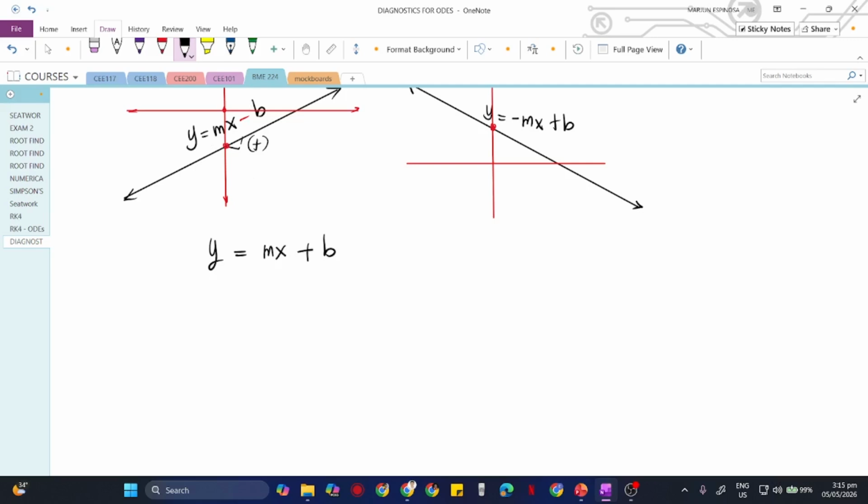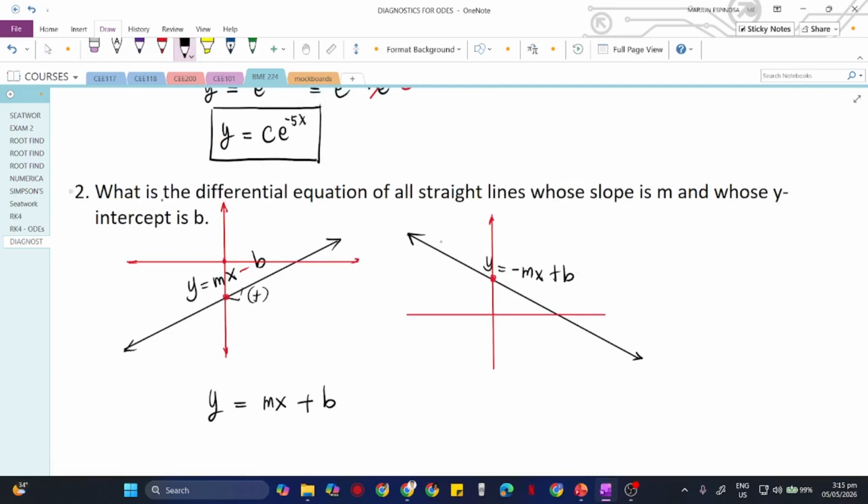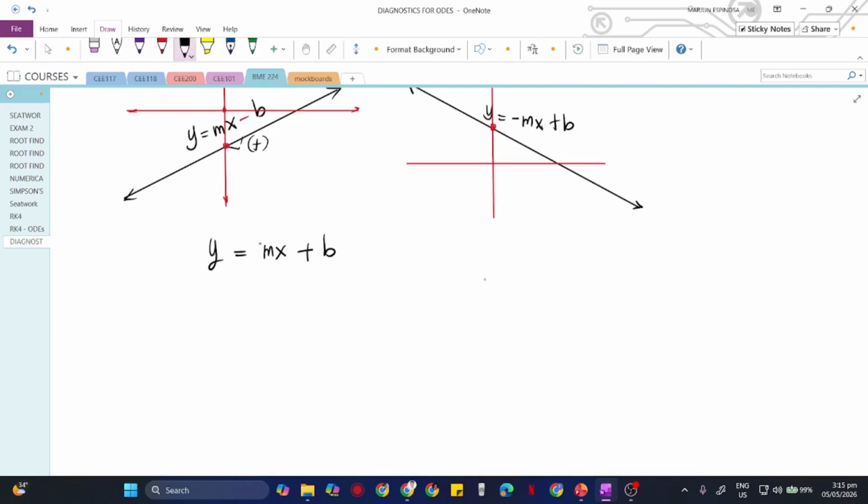Okay? What we are going to do is to eliminate all. Okay, in finding the differential equation, this is the general procedure. In finding the differential equation of a given function, what we need to do is to eliminate, ano i-eliminate natin, class? Eliminate all constants.